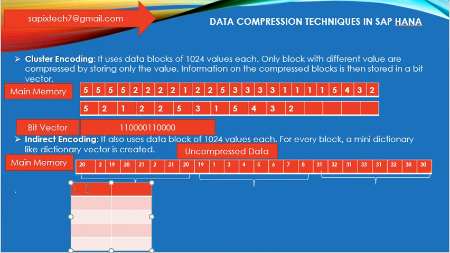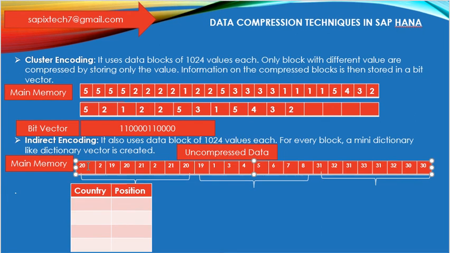For example, let's say this is the column country, and its position. There might be any values, this is our 20.